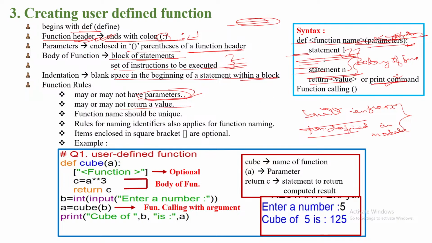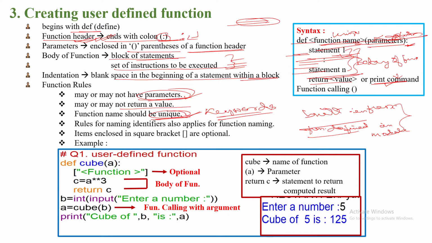Now the function name should be unique. Yes, in user defined functions we write the function name, meaning the function header should be unique. Why? You cannot use the keywords of Python. So that is why the function name should be unique.